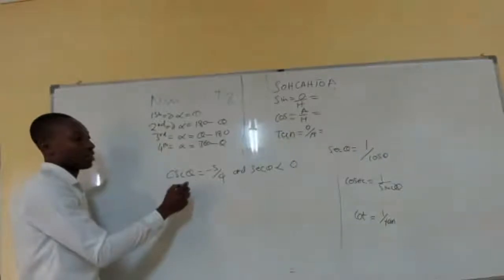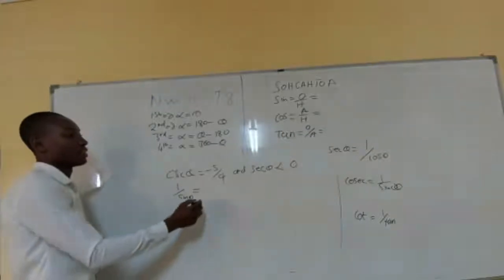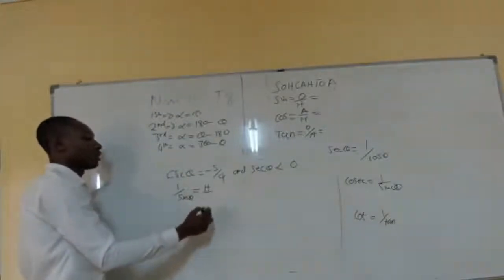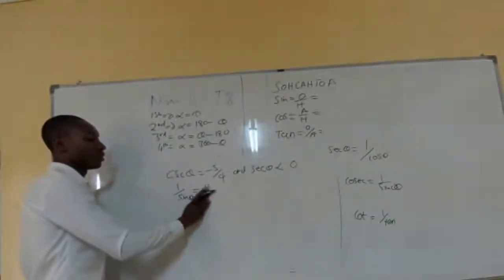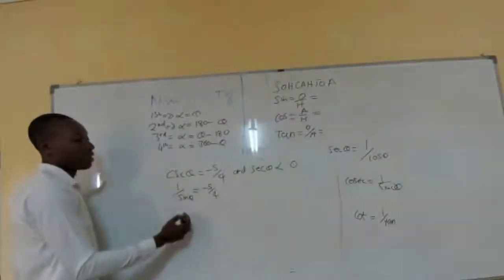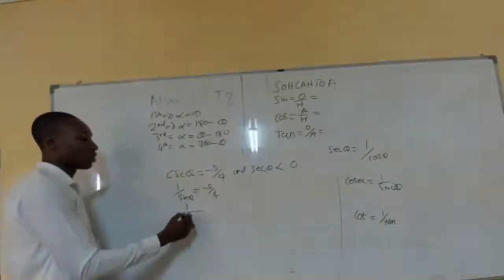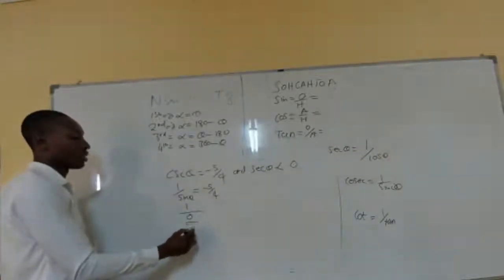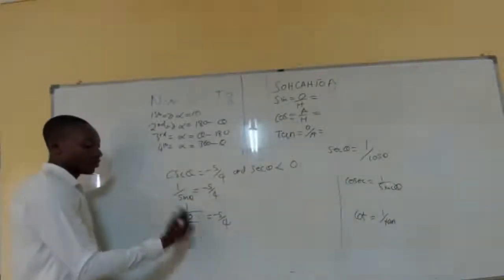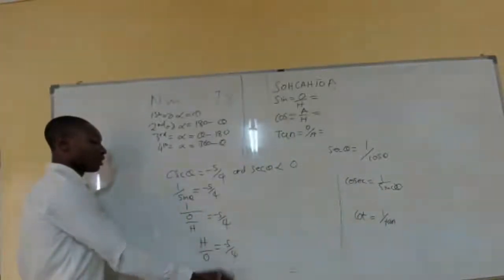So 1/sin theta is given as -5/4. 1/sin is hypotenuse over opposite, so hypotenuse over opposite is equal to -5/4.